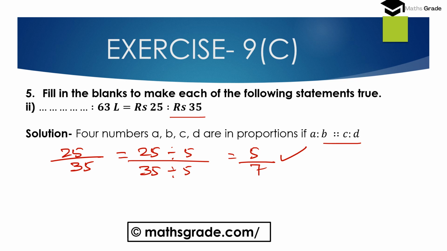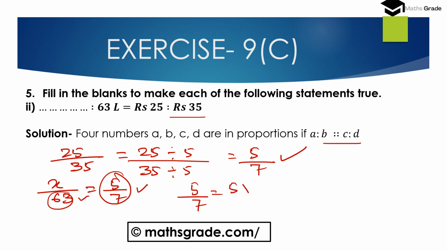Let the missing term be x. X divided by 63 is equal to 5 divided by 7. We have to convert this 5 divided by 7 into an equivalent ratio. That is, which number do we have to multiply 7 by to get 63, which is the consequent of the first ratio, x divided by 63.